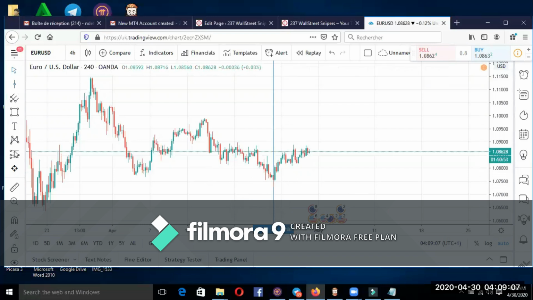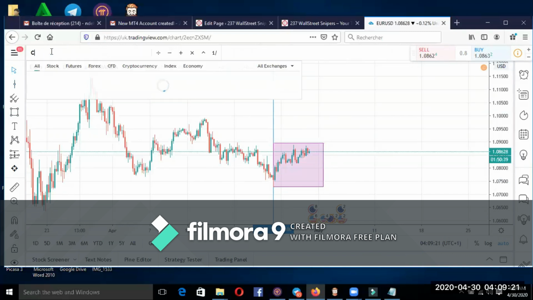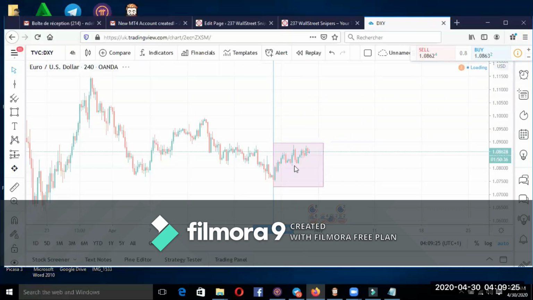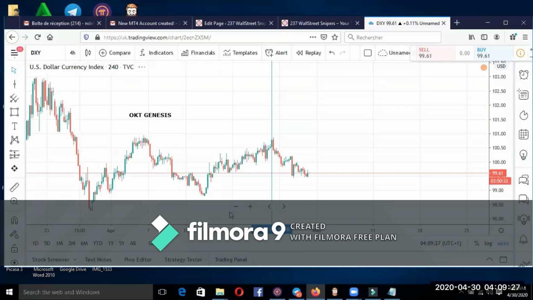You see exactly what we said we want to see the matrix do symmetrically, right? Look at this box on the euro and look at this area on the DXY.